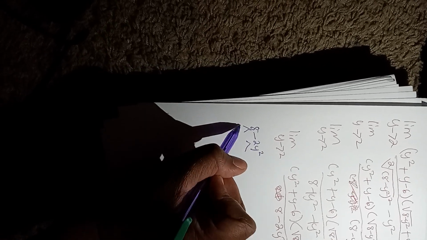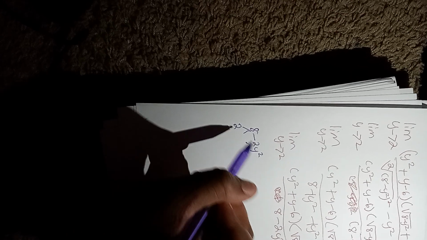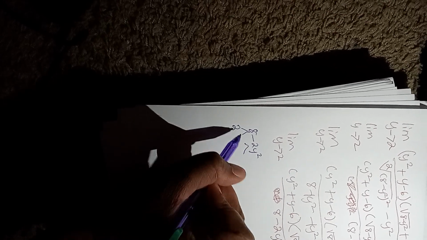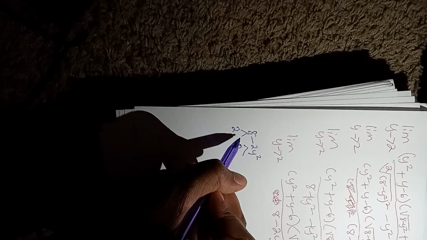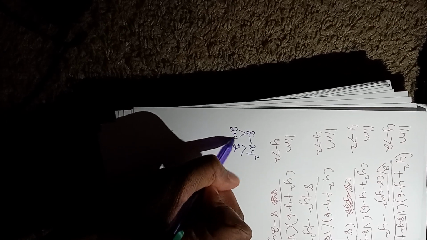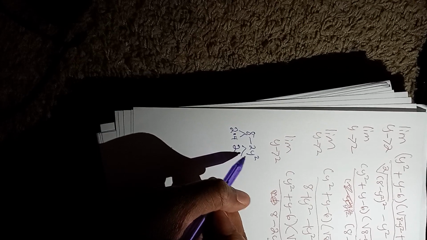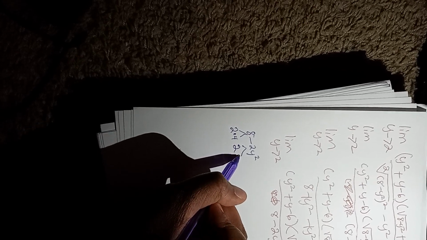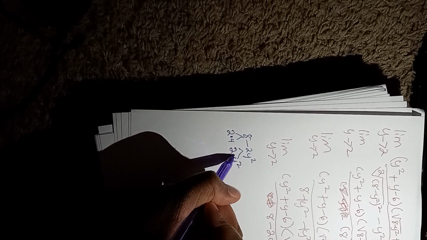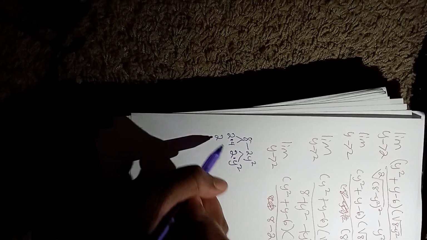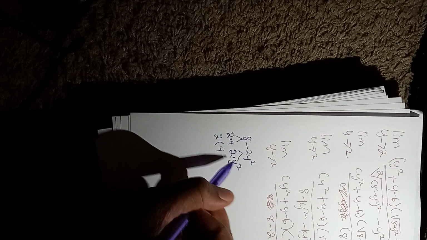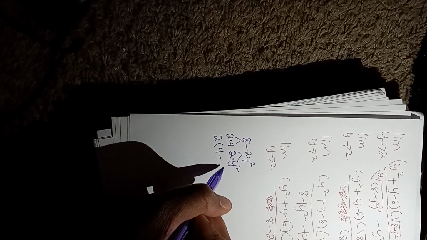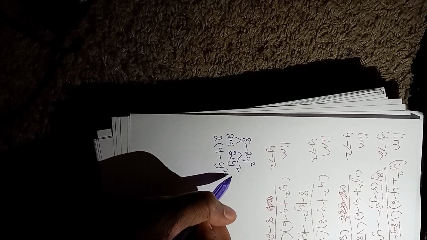8 and 2 have 2 in common. So 8 is 2 times 4, and 2y squared is 2 times y squared. So we pull a 2 out, and then we're left with 4 minus y squared.